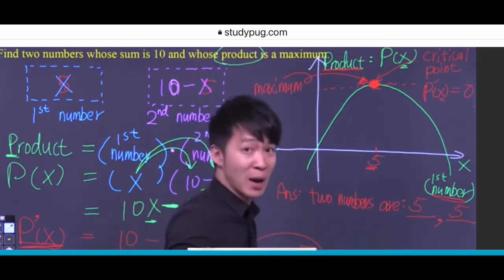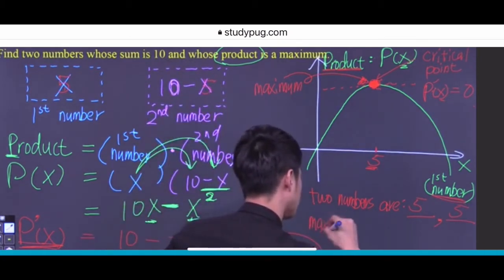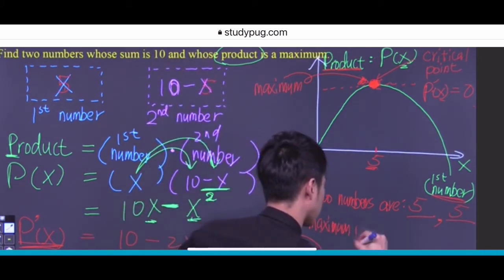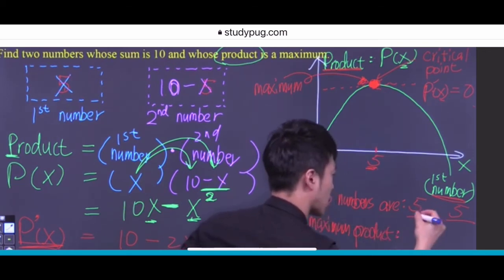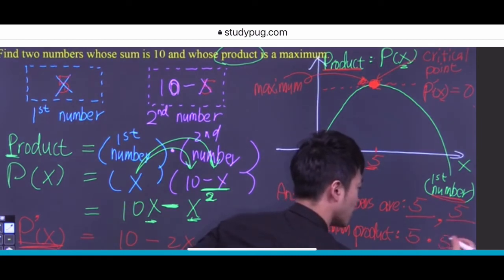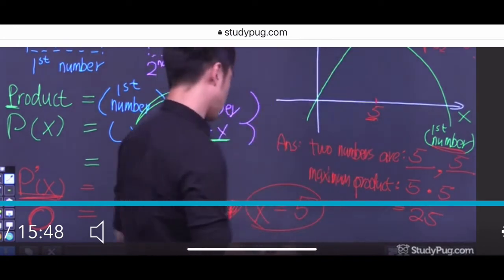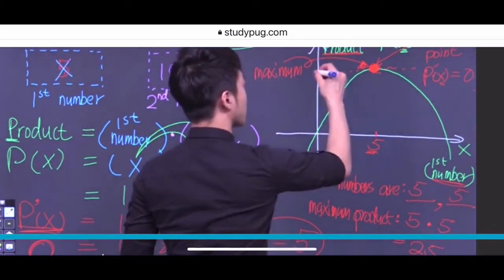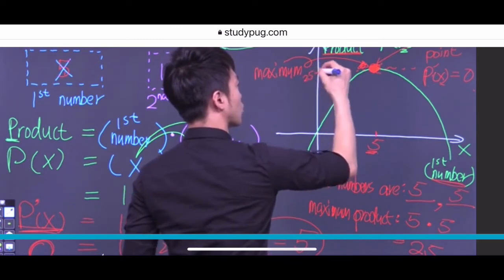And what is the value of the maximum product? The maximum product is equal to the first number 5 times the second number 5, and that gives us a product of 25. So on the graph, we can show that the maximum product right here has a value of 25.